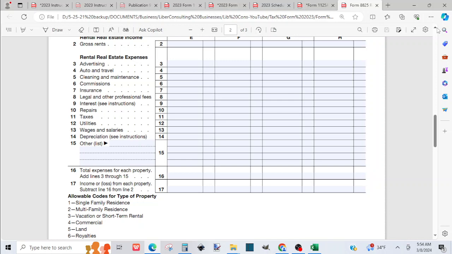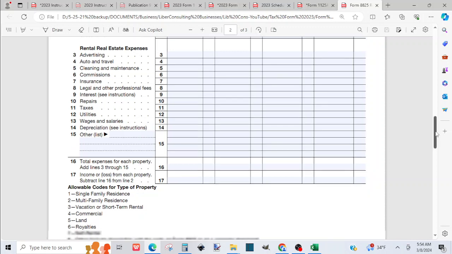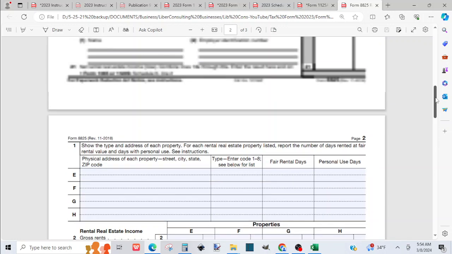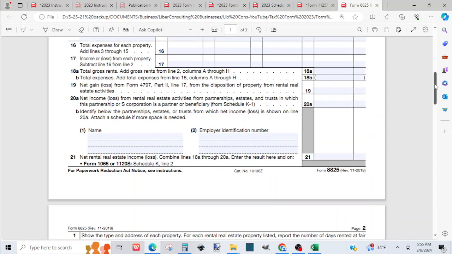I'm kind of surprised they are not saying where that will go. So the total from line 21 will go on Form 1065 or 1120S Schedule K line 2.